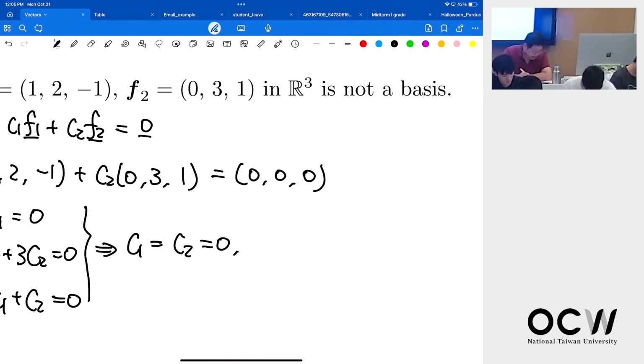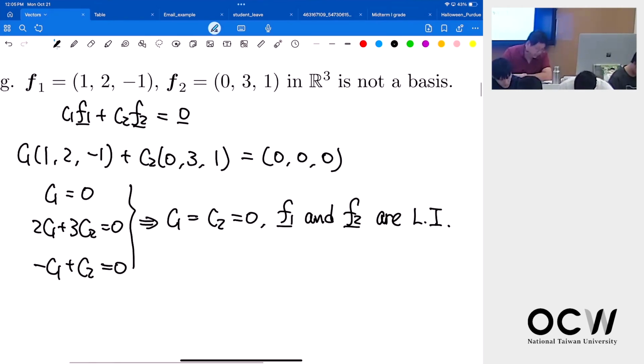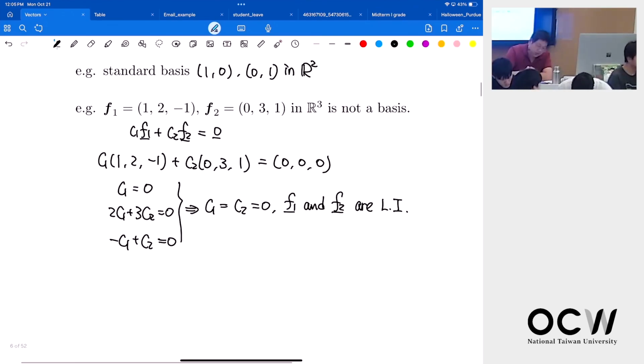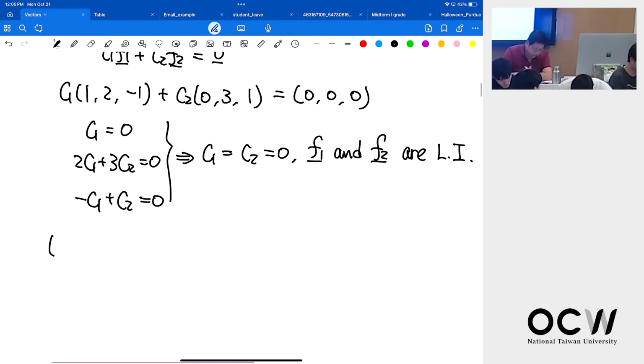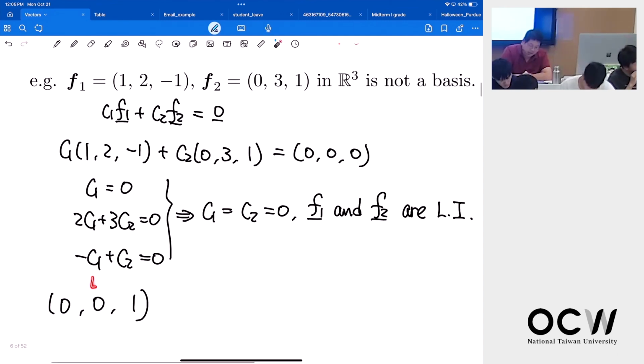Then at least F1 and F2 satisfy the first criterion: F1 and F2 are linearly independent. But in R3, we may have (0, 0, 1). For this vector, can I use F1 and F2 to express that?